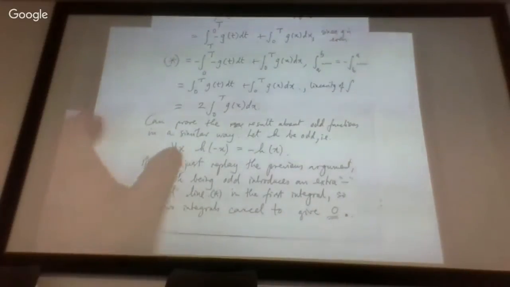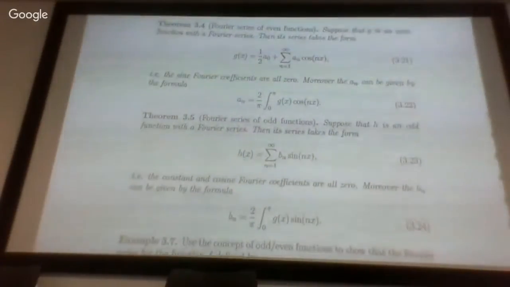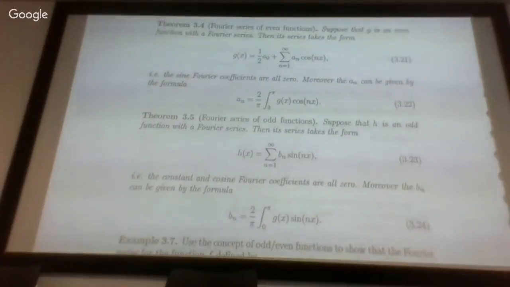Okay. So let's just look at the notes on page 64 there. Two theorems here, theorem 3.4 and 3.5, one about even functions, one about odd functions, and really it's just putting together what we know. In the first one, suppose g is an even function.